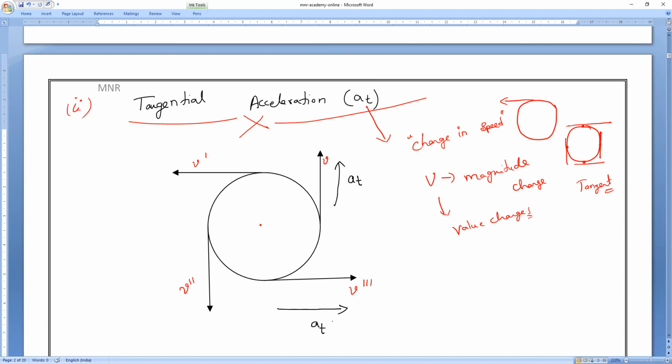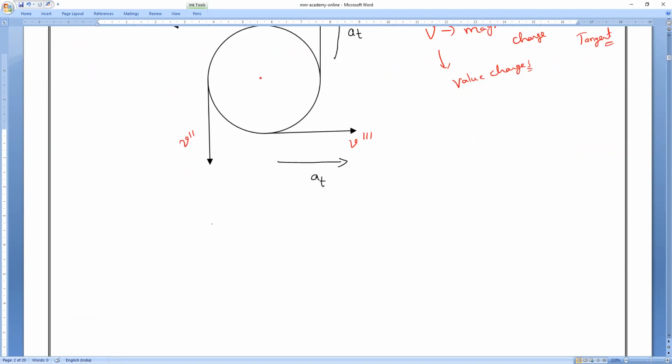If you notice at every point, let me choose a particular path alone and draw how the tangential acceleration will act. Suppose this is the curved path. Here I will draw a tangent. You all know how to draw a tangent, correct?